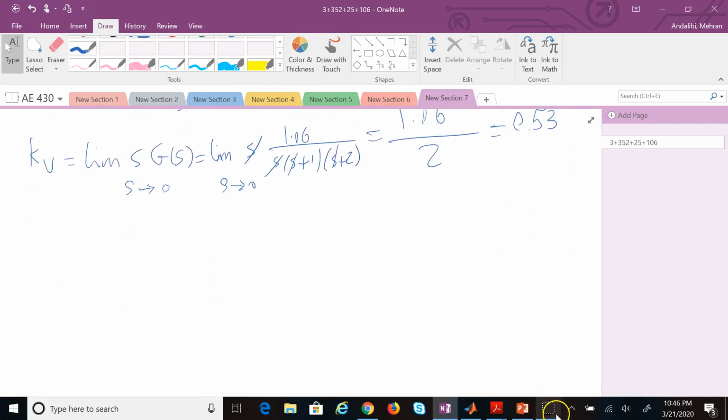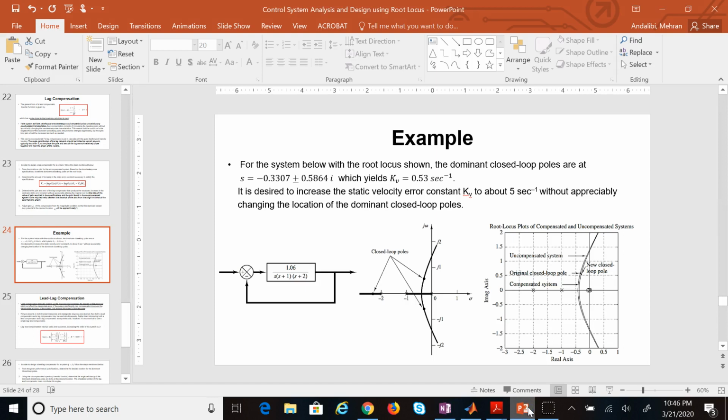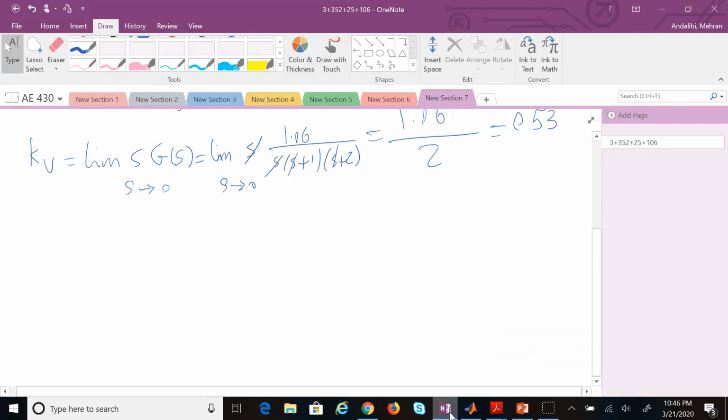and we want to make it 10 times bigger. So how do we do that? So this is the way that we design it. First, the new kV, if we call it kV hat, is 5, right? So the new kV is 5, which is Kc, the gain of the compensator, times beta times old kV.